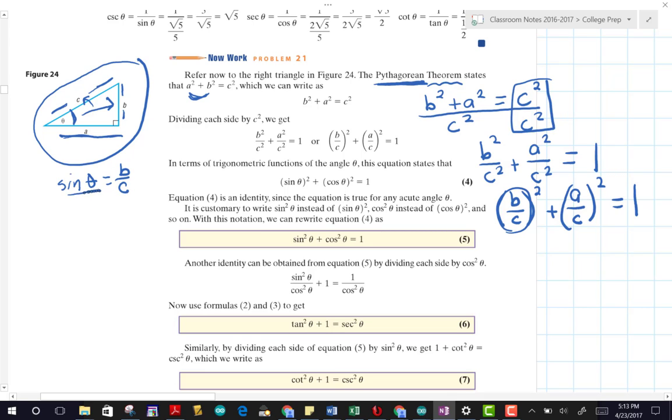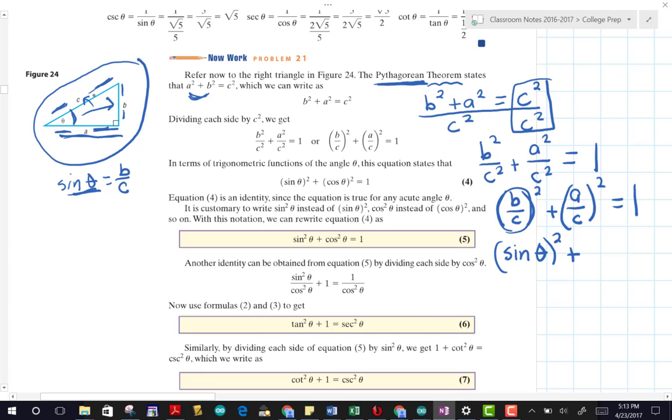The same thing is going to happen with A over C. If I come back over here to my picture, you'll see that A is the adjacent and C is the hypotenuse. And so this becomes the cosine of theta squared. And that's equal to 1.